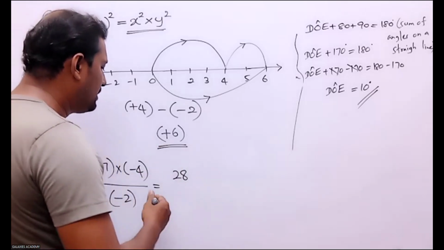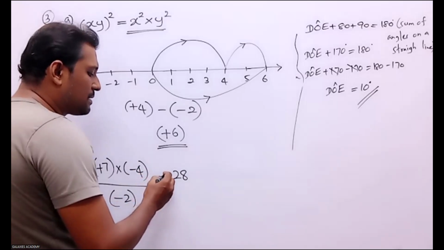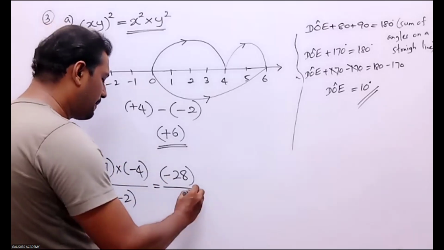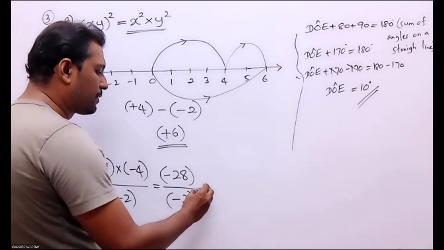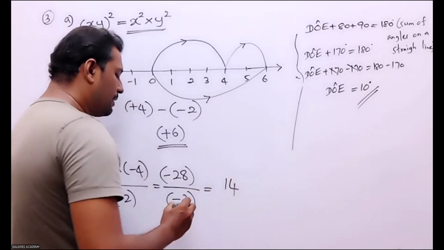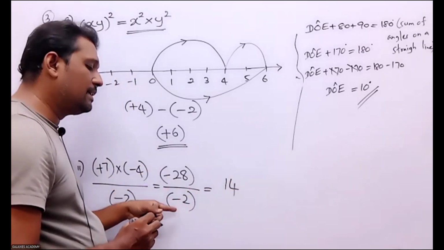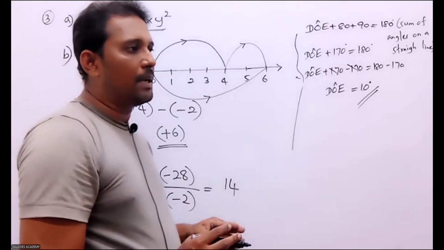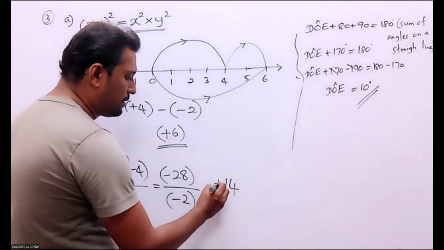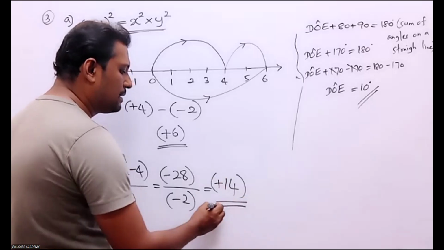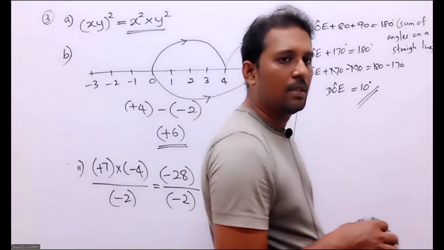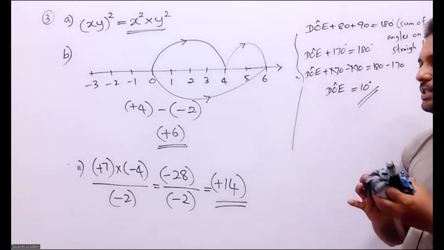When you multiply different signs of directed numbers, the answer sign should be negative. So the upper part value is -28. Divide by -2. 28 divide 2, 14. Negative divide negative. Same signs, division. When you multiply or divide the same signs, the answer sign should be positive. So here it should be positive. So the answer is +14. Right? +14. It is the second part of simple B.